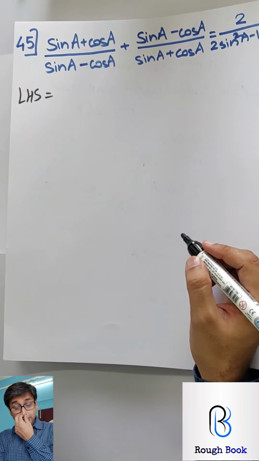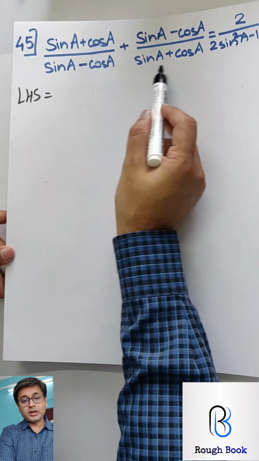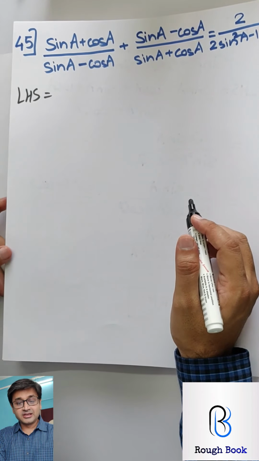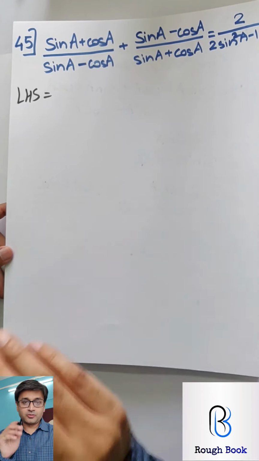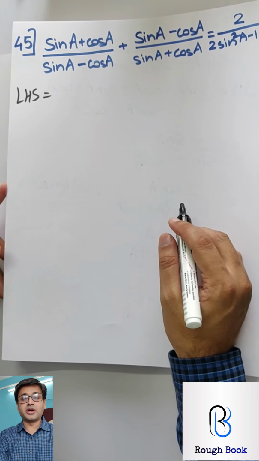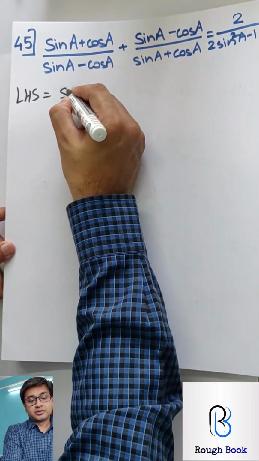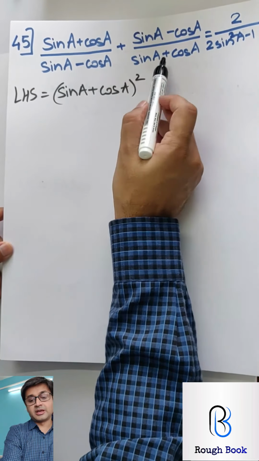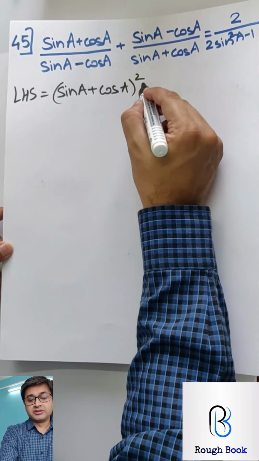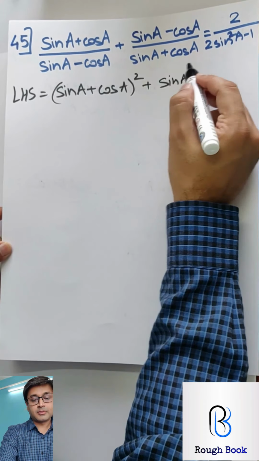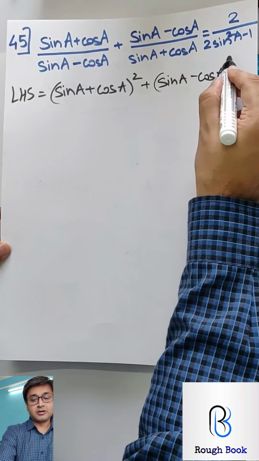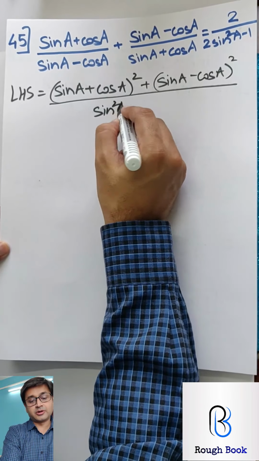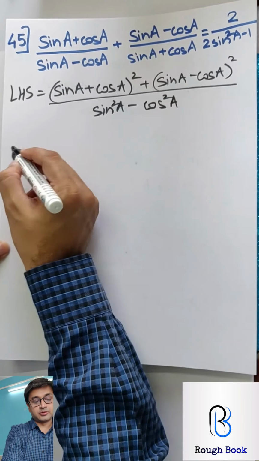45. Come on, pause the video and see what you can do. This is given and you got to reach here. So again start with LHS. Take the LCM first and then go about it. Automatically some logic will click to you and you will get it. Don't worry. So LCM sin A plus cos A the whole square, because I am crossing this with this and now this with this. So sin A minus cos A the whole square upon A plus B, A minus B will give me A square minus B square.